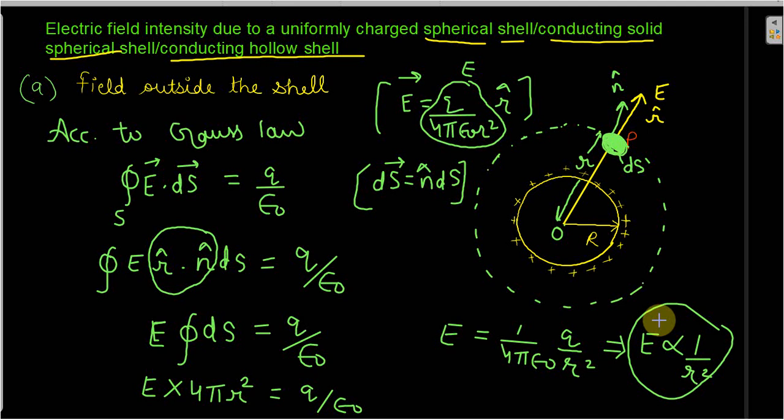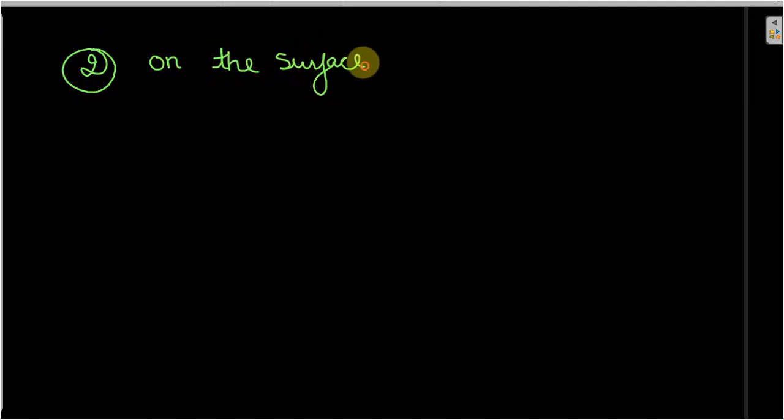Now we will find the field at a point on the surface of the shell. So the second case is on the surface of the shell. On the surface, the radius was capital R. Now we will take point P on the surface of the shell.